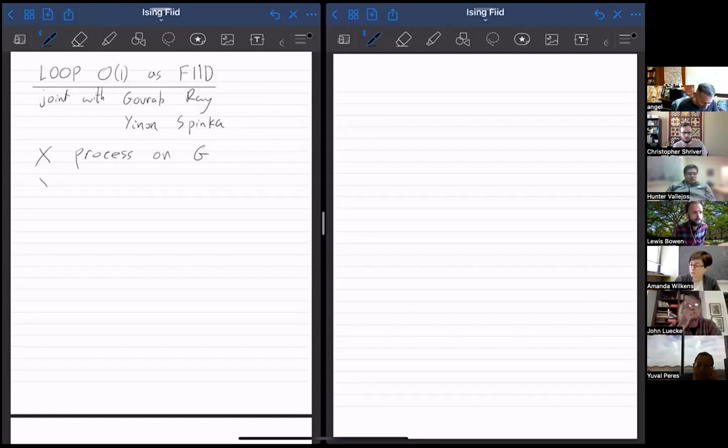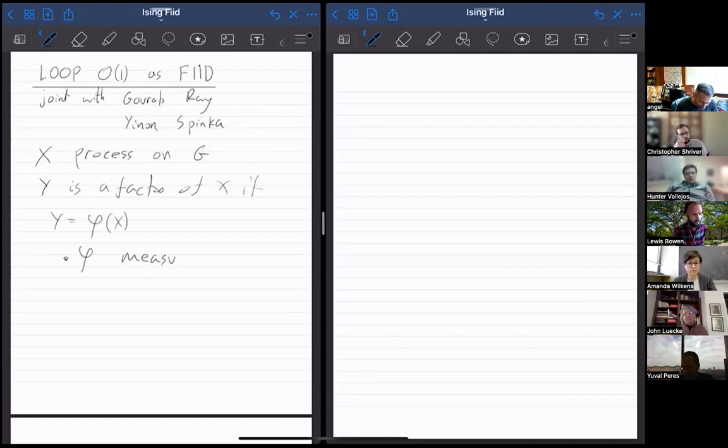And then we say we have another process Y, which is also on G. So Y is a factor of X if you can write Y equal to some function phi of X, where the function phi has to be measurable, first of all, and the function phi needs to be equivariant. So if you apply some automorphism of the graph and translate all the values of X and then apply phi, then everything is translated. The values of Y are also translated.